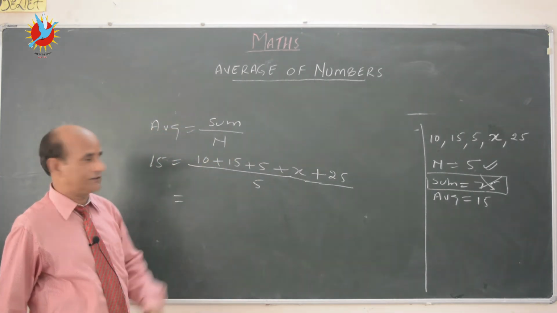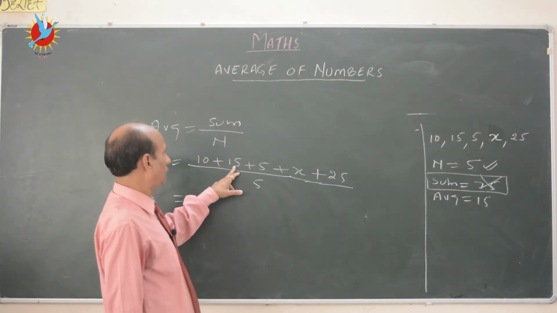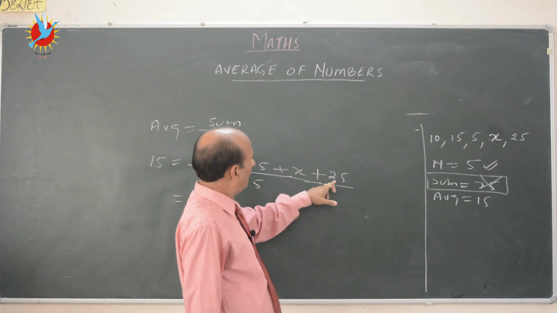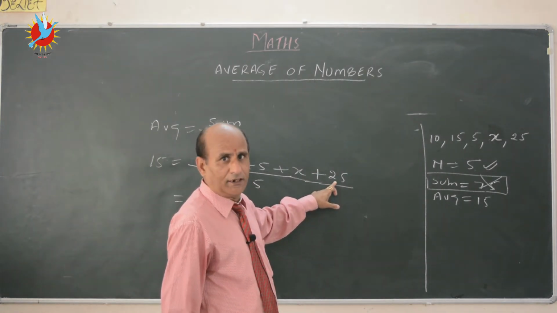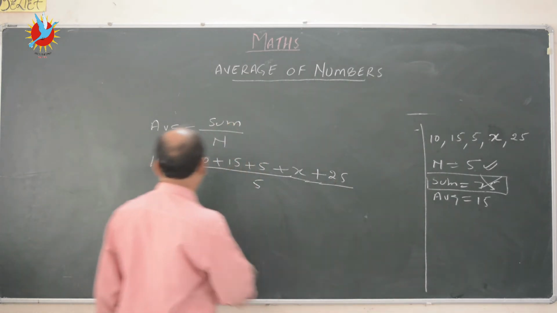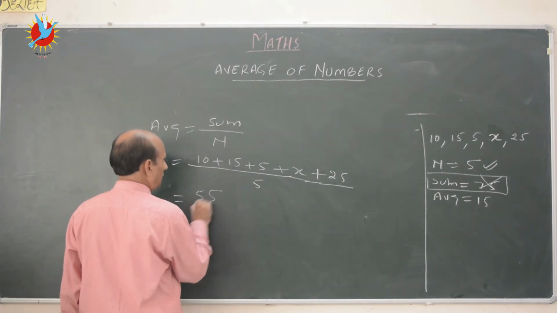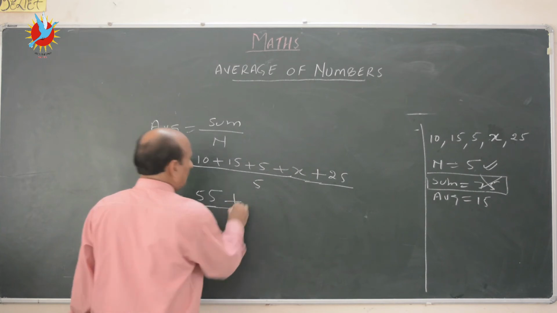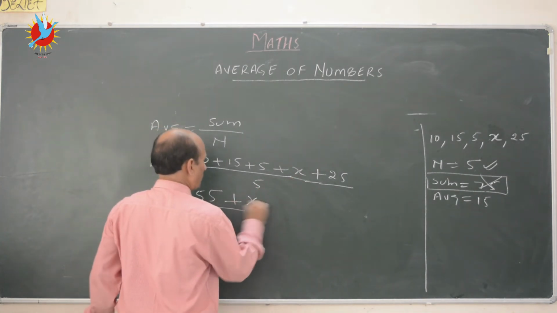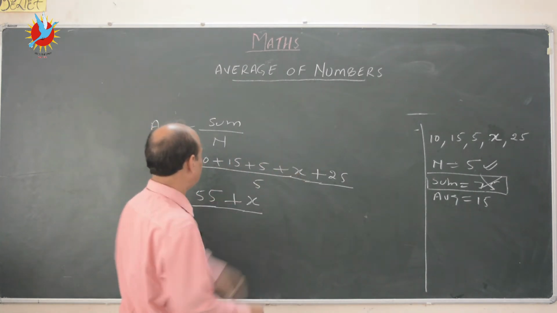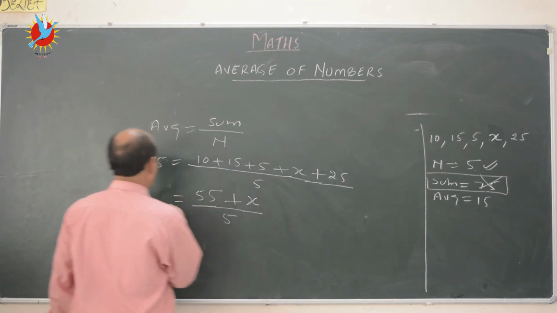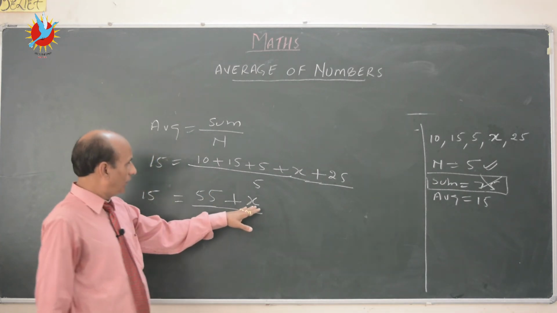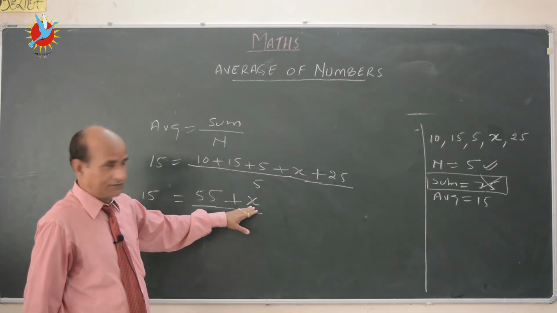Now add all these numbers, 10 plus 15, 25, 25 plus 5, 30, 30 plus 25, it is 55. Plus this x, 55 plus x divided by 5. Now you have to find the value of this x.